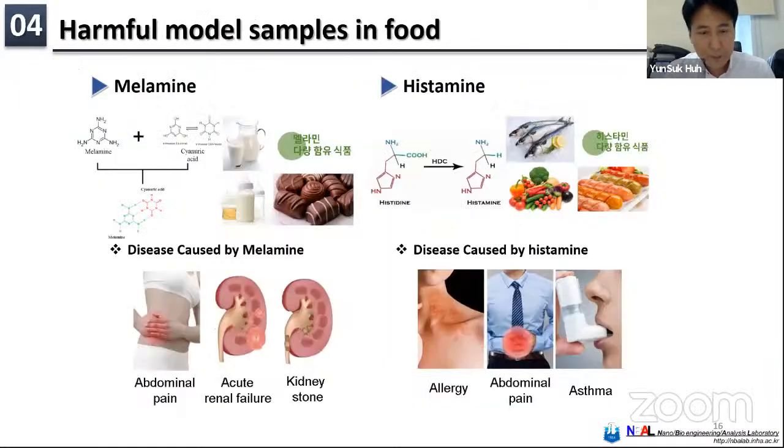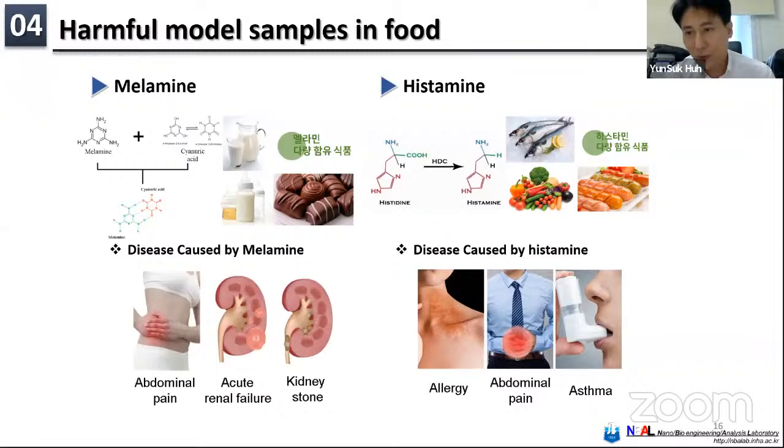After assembling our plasmonic active substrate, to verify the usefulness of our portable sensor devices, we selected melamine and histamine as model samples among the harmful substances in foods.